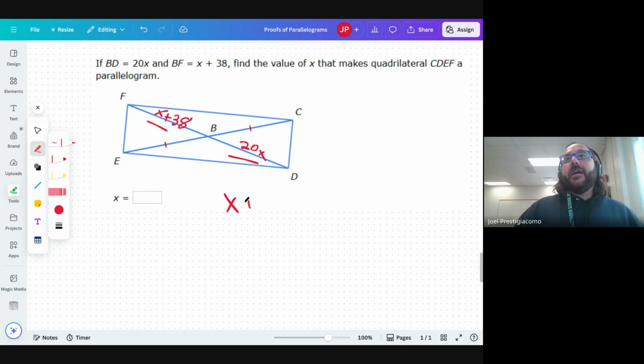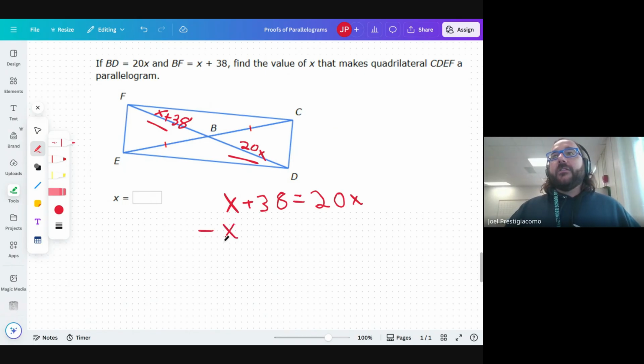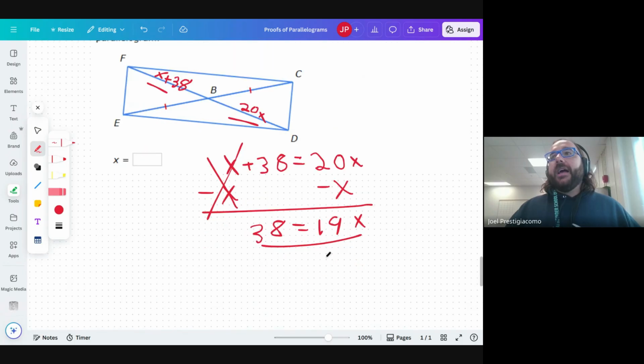So we're going to say x plus 38 is equal to 20x. This is a two-step equation here. We're going to combine the x's together. The best thing to do would be to subtract x from both sides. This is going to give us 38 is equal to 19x. And then we can divide both sides by 19. 38 over 19 is going to be 2, and 19 over 19 would just be 1, right?